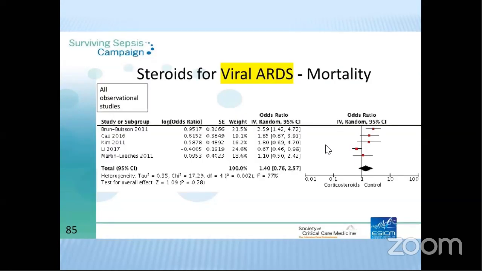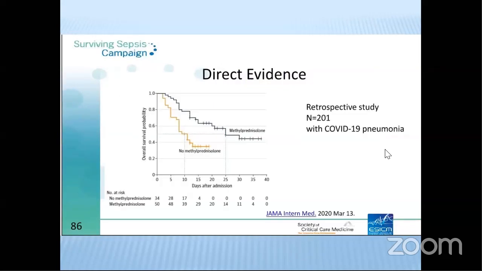Then, if a sick patient has viral pneumonia and has developed ARDS, it was found that in patients who were given steroids, mortality increased. So if a patient has viral pneumonia, whatever it was, H1N1 before or MERS-CoV, we shouldn't go for steroids.